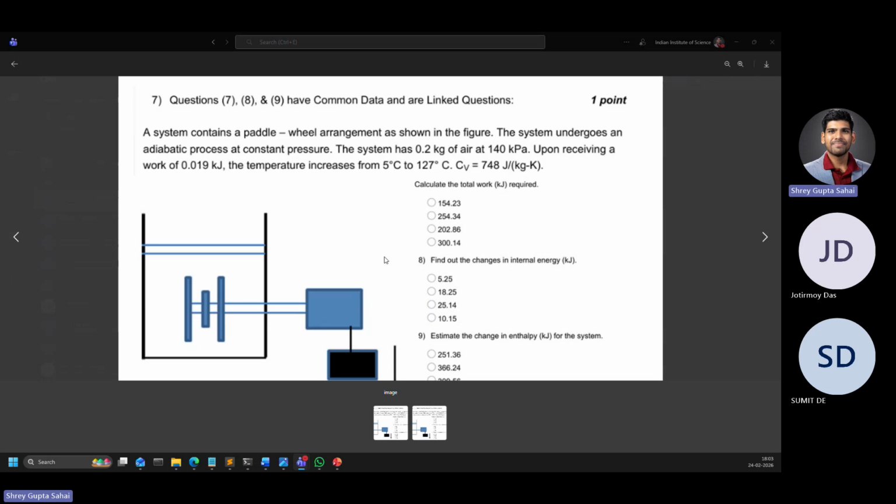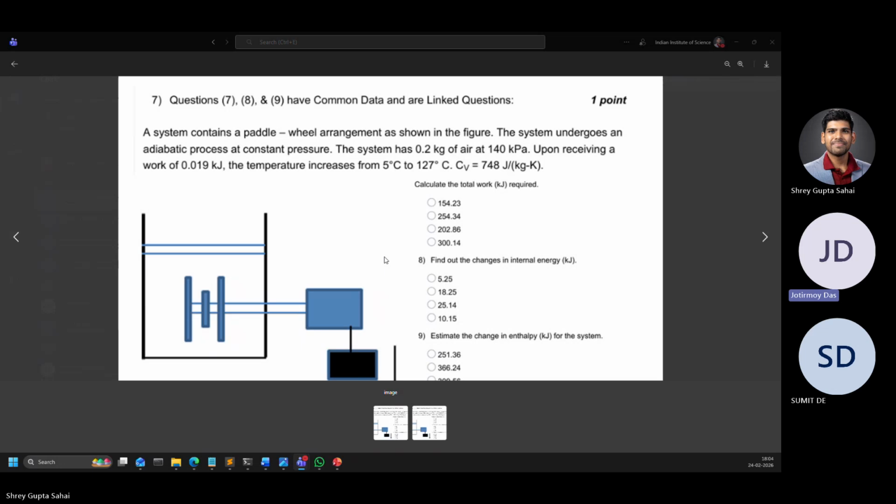The system has 0.2 kg of air at 140 kilopascal. Upon receiving a work of 0.019 kilojoules, the temperature rises from 5 degrees Celsius to 127 degrees Celsius. The paddle wheel arrangement is shown.